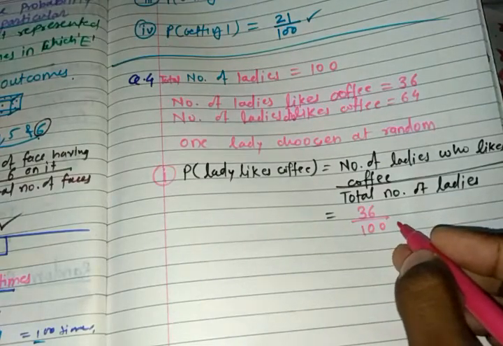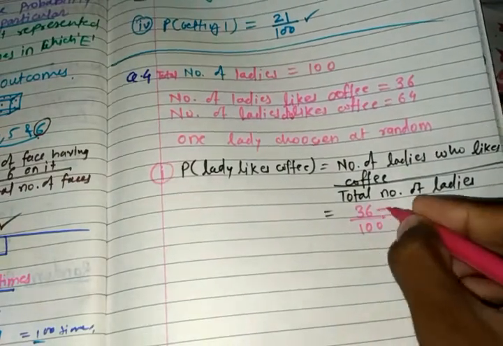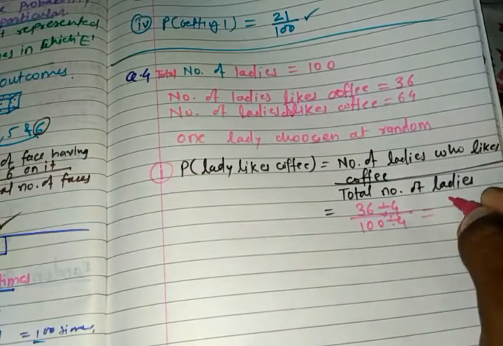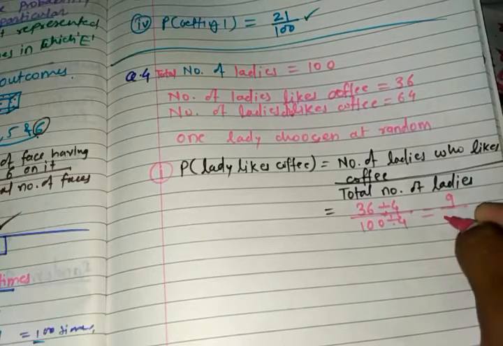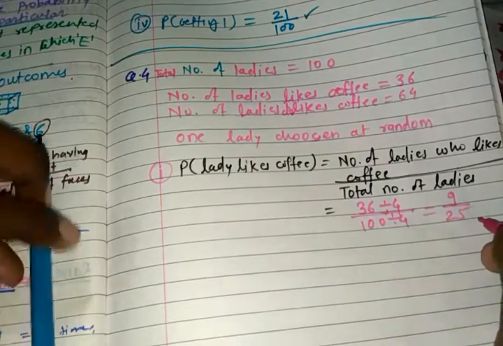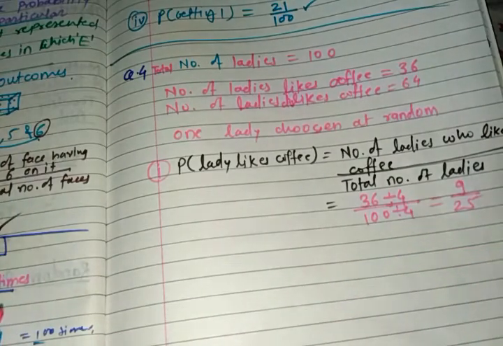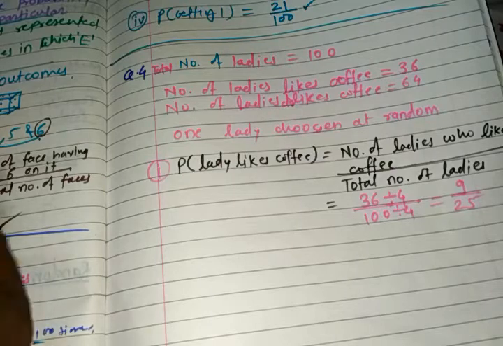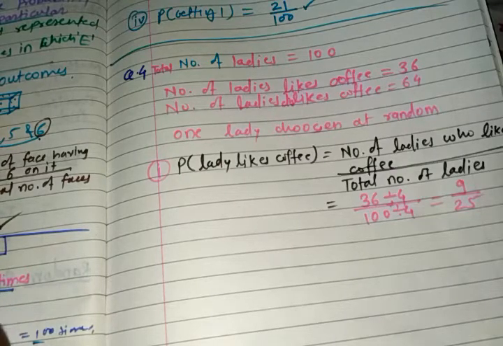Now we can simplify this fraction by dividing by 4. 4 9s are 36 and 4 25s are 100. So 9 by 25 is the probability that the lady likes coffee, right? This is a very simple question, they are only giving it as a word problem.